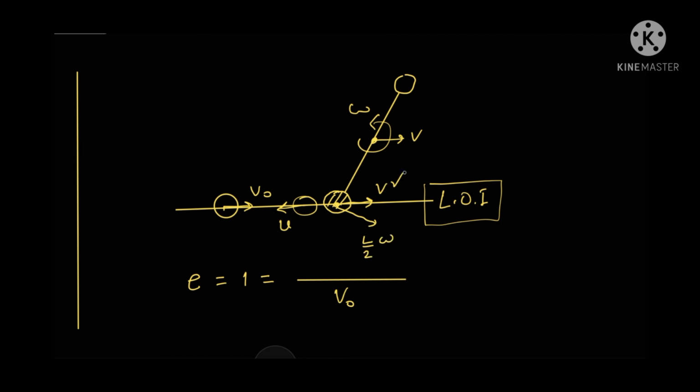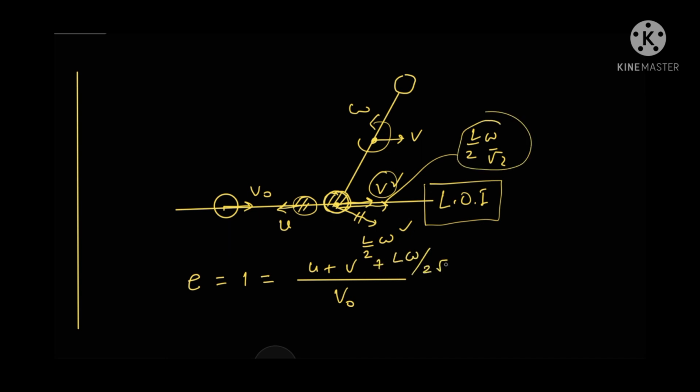So these are the two velocities in this sphere due to translation and rotation. The component of this velocity along this direction will be L by 2 omega by root 2. So velocity of separation is u plus v. This v is also separating the two bodies, plus this. And this is all equal to 1.